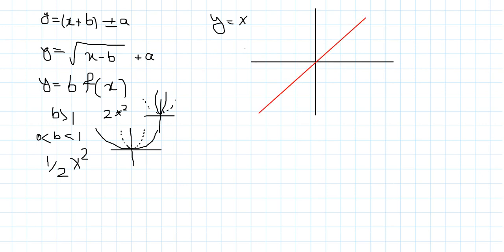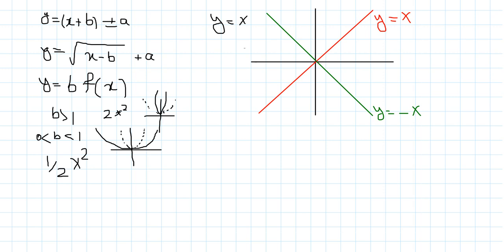And we have y equal minus x. Okay, let me write the names on these: y equal minus x, and here is y equal x. So by understanding the whole shape of a graph, we can draw it easily.